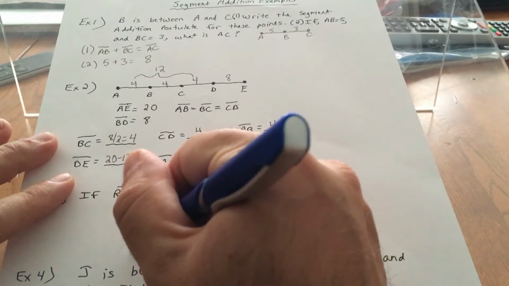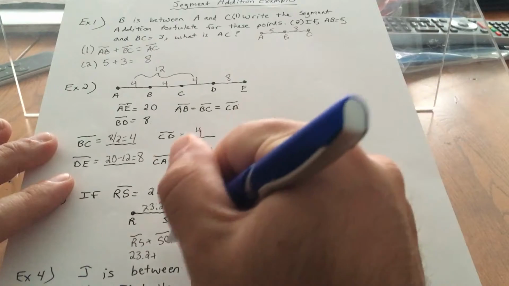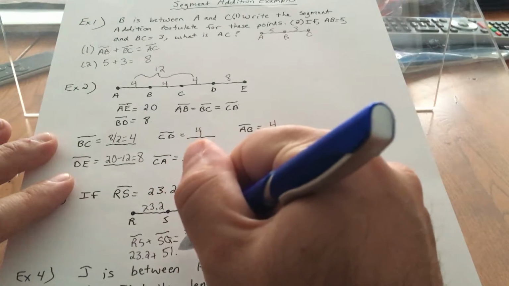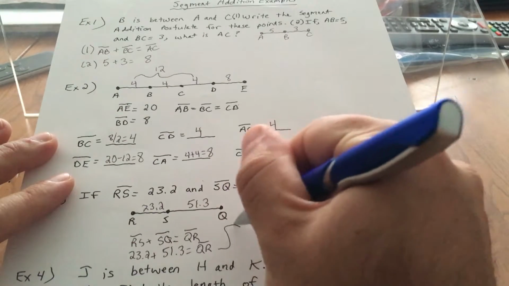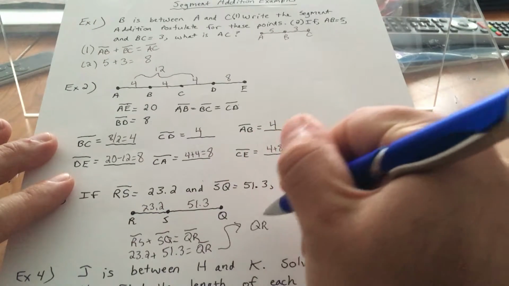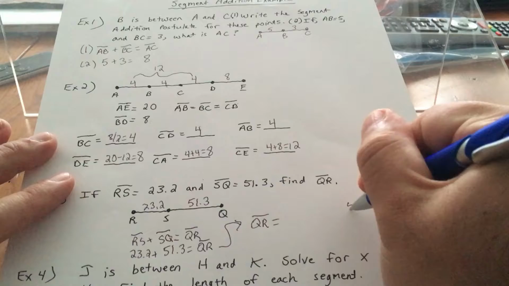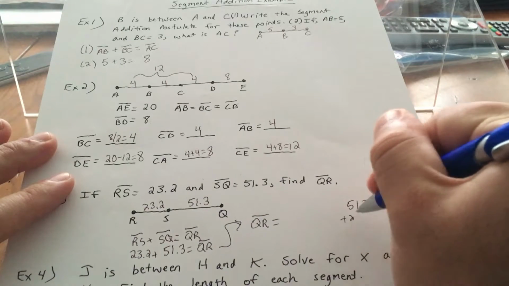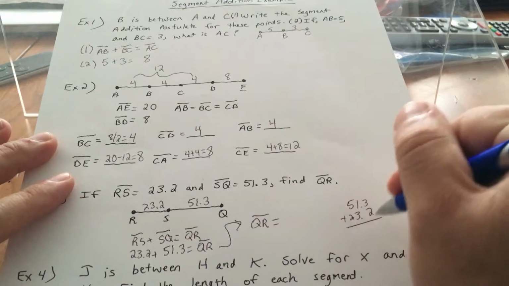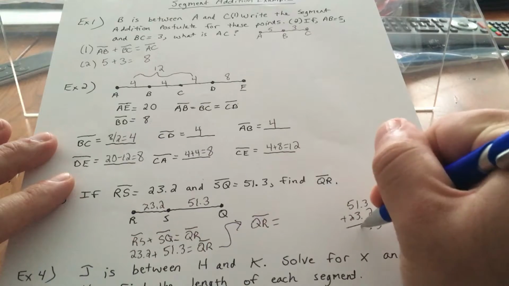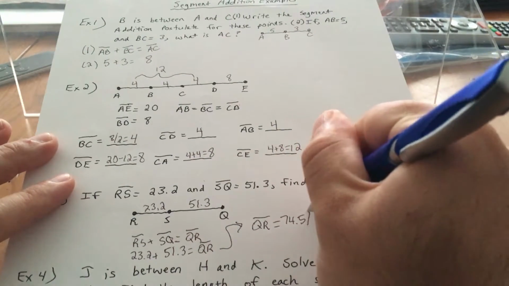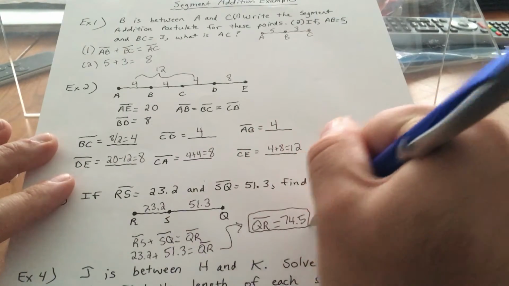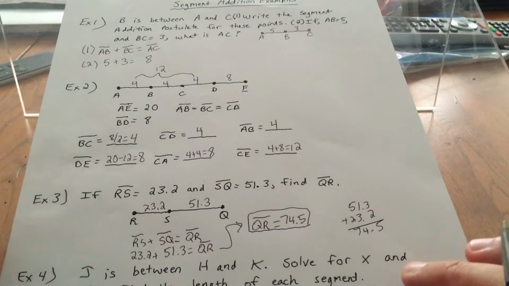That means that 23.2 plus 51.3 is equal to QR. So if we add those two things together, 51.3 plus 23.2, that's 74.5. Again, a pretty straightforward problem.